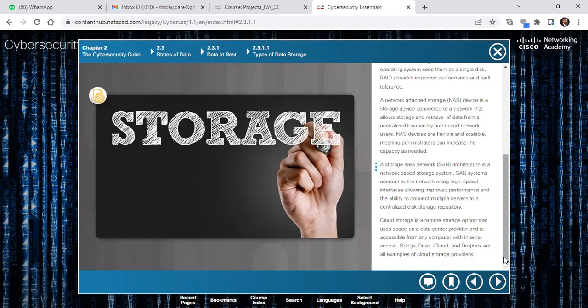Google Drive, iCloud on your iPhone or Apple device, and Dropbox. These are all examples of cloud storage providers. We have Amazon too. Amazon has their own cloud as well. Most people, for security reasons and for the money that a lot of organizations are spending, move to the providers that have more security on their cloud storage.